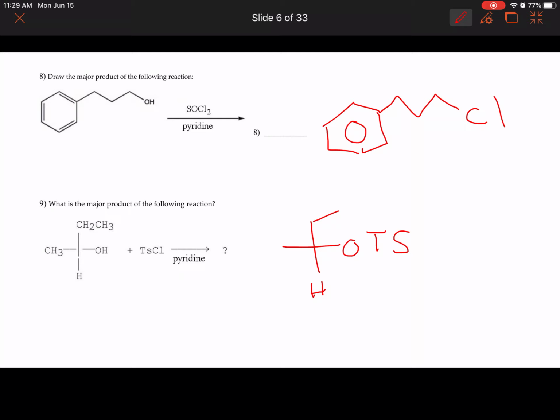And now this is a good leaving group, so then the chloride will come and attack the carbon, leaving the OTs group. Okay, whereas with thionyl chloride and pyridine in the previous one, it will go all the way to chloride at this step. But with the tosyl chloride and pyridine, you will get this first before it goes to chloride.